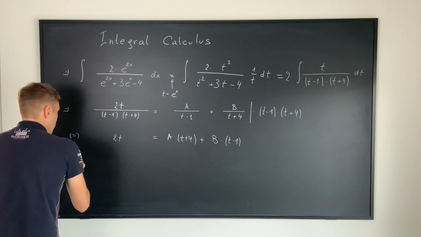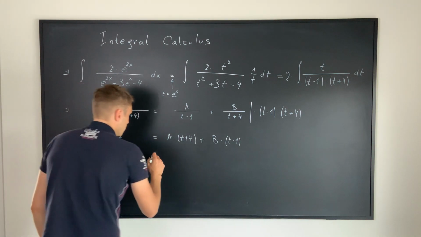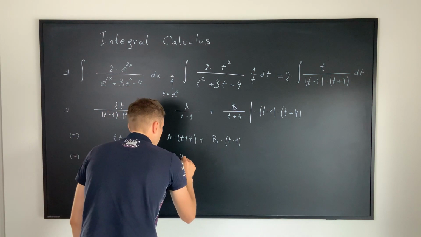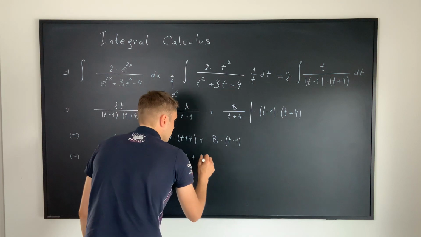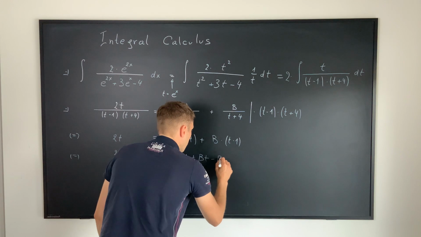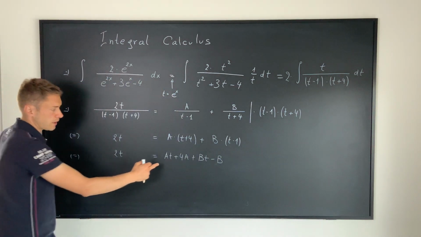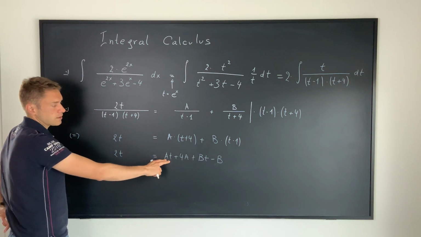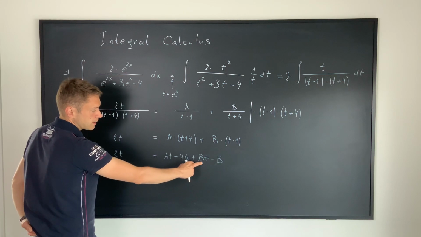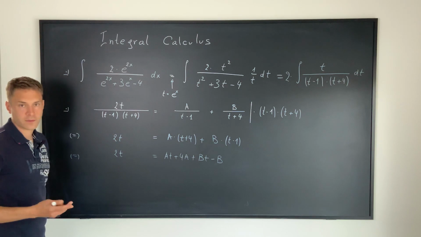And with this we are ready to expand the right hand side. Still on the left hand side we have 2t equals at plus 4a plus bt minus b. What we see is that we have two types of expressions: terms that contain the variable t, so at and bt, and two terms that are independent of the variable t.